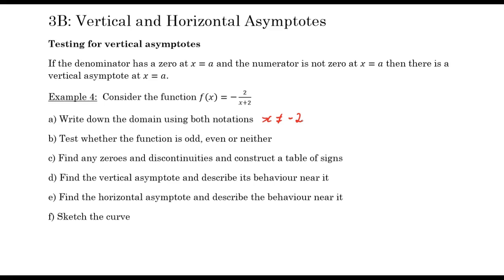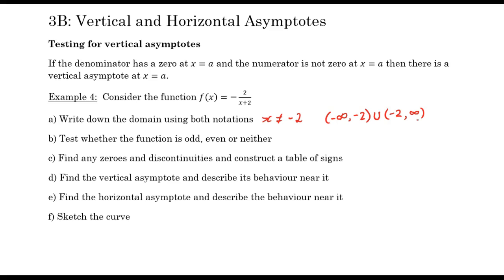That seems pretty good to me. Or I could say negative infinity to negative 2, but not including negative 2, or negative 2, but not including negative 2, up to positive infinity. Okay, that'll do us. That's our domain using two different notations.